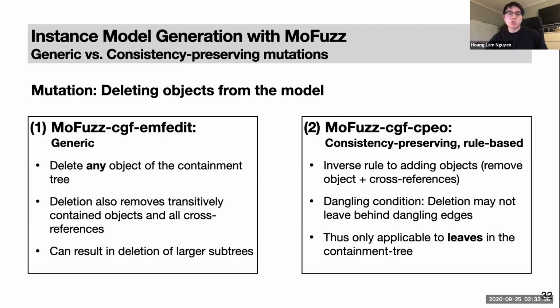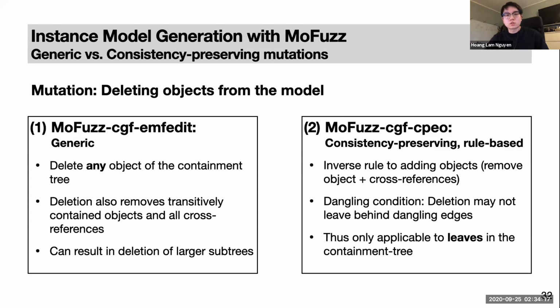When performing deletions on a model, our generic mutation operator can delete any object in the containment tree, and it will also remove transitively contained objects as well as all cross-references. As a result, the mutation can result in the deletion of larger subtrees.